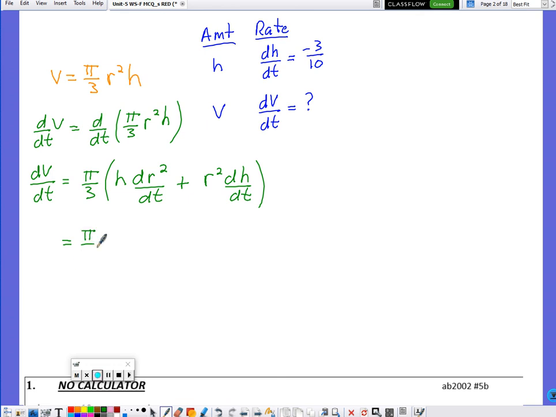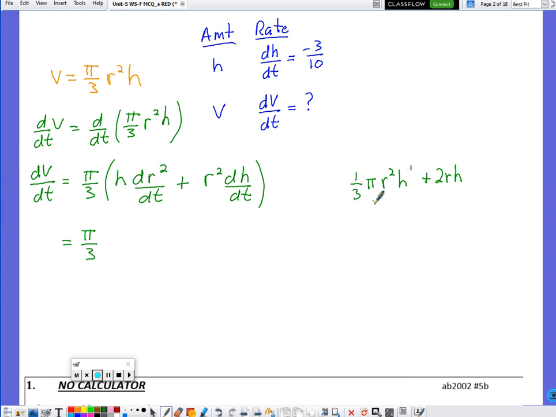So now we have pi over 3. Oh, pause for a second. So did you write, I'm not sure what you meant. Did you write all of this? Yeah, I did. So read me exactly what you have written. One third pi r squared h prime plus 2r h dr. Wait, read it one more time, just want to make sure.